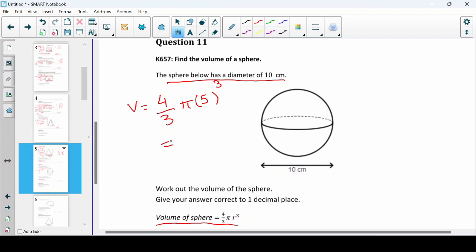That gives us 523.59, and we can write it as 523.6 centimeter cube.